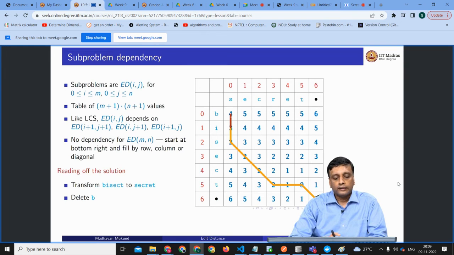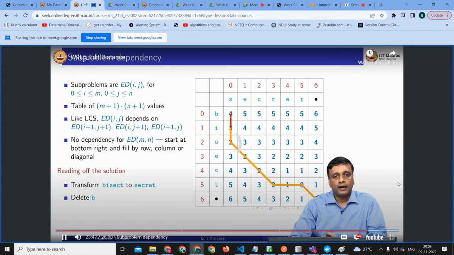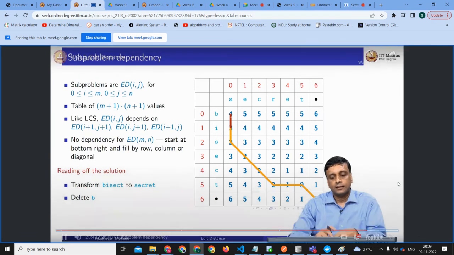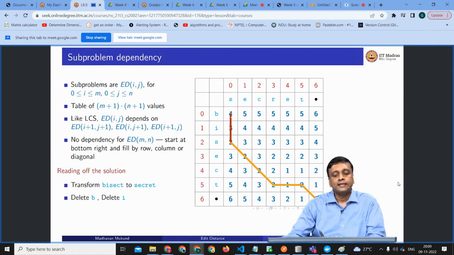So here, for instance, if we look at this first move, this first move corresponds to a deletion, right? So deletion is when i moves and j remains the same. Similarly, this one is again a deletion, so I'm deleting the I. Now I'm doing nothing until I come here, and at this point I move right, and this corresponds to an insertion because I'm keeping i fixed but I'm increasing j.